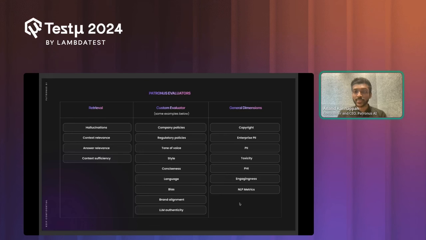And so this might involve general dimensions across safety and security categories. It might involve specific types of evaluators for things related to the brand or the tone of voice or the style of the chatbot that you're developing. Or it might involve something that brings in your own internal knowledge base or your internal data sets. It might involve PDFs that you have or JSON files.